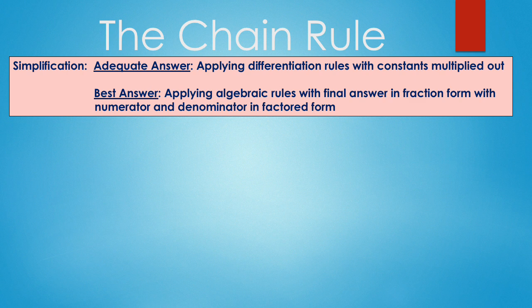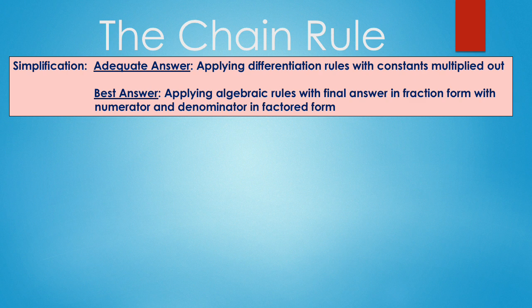So let's look at the differentiation process. You apply one of your basic rules and you get an answer. We need to multiply out any of the constants. Once you do that, we say that that is an adequate answer. It describes the derivative.